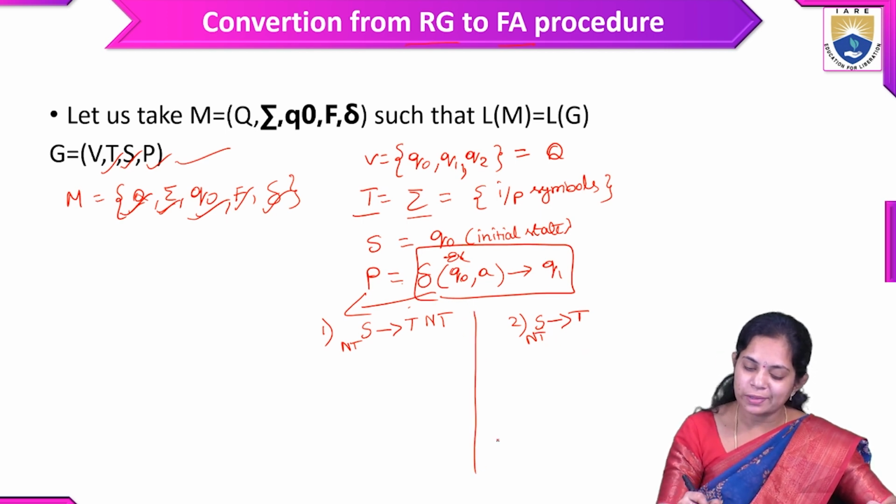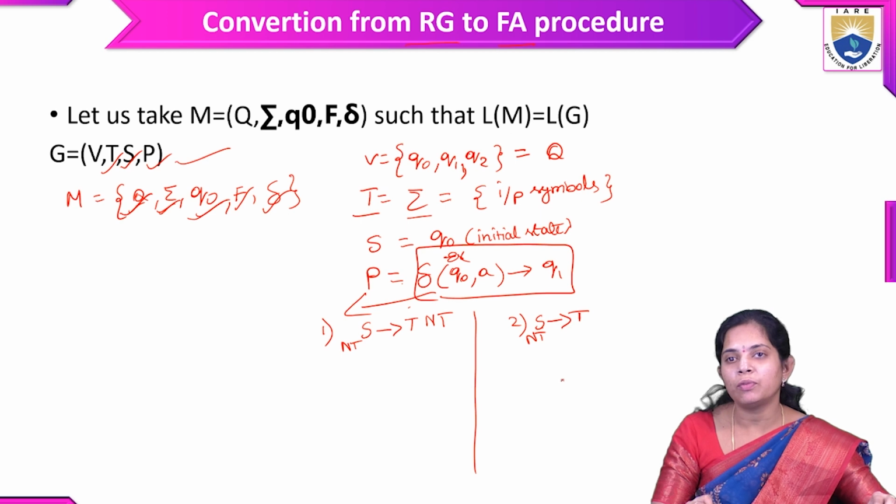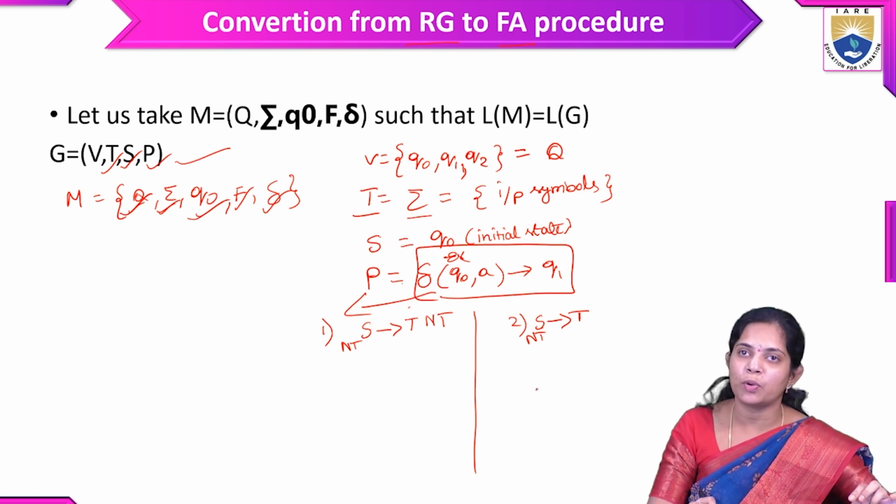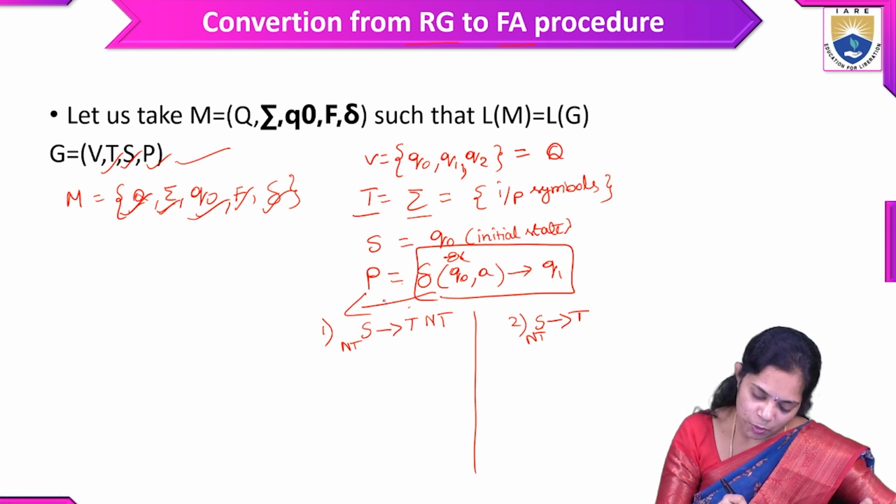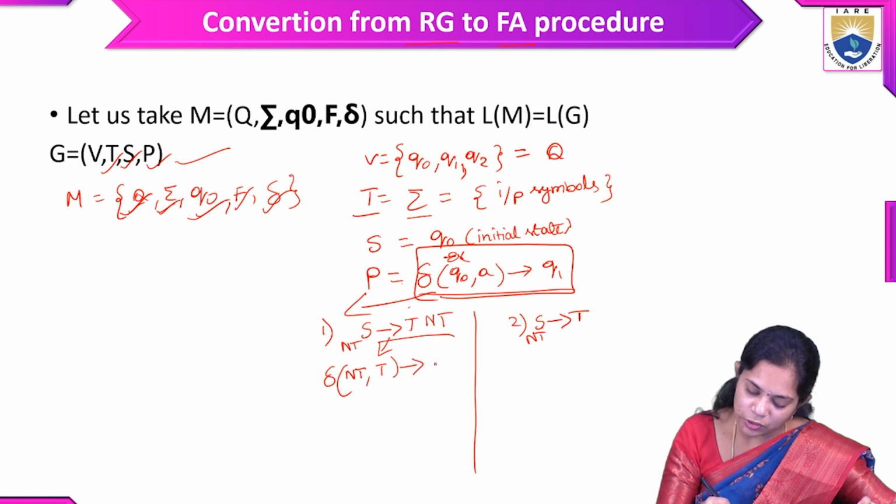In these 2 cases, how do we convert these productions to transition functions? When the production has a non-terminal and a terminal followed by a non-terminal, the transition function is delta of non-terminal and the input terminal tends to non-terminal.